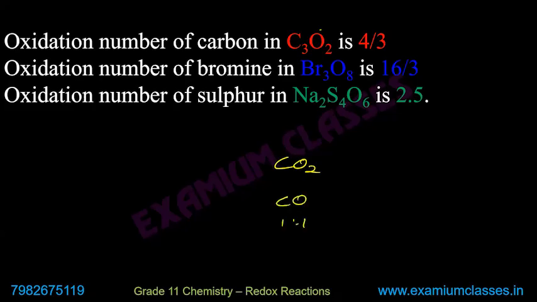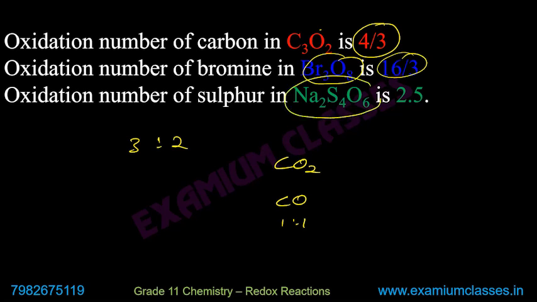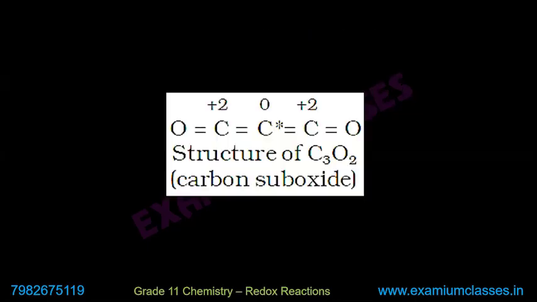But here oxygen is less than carbon. 1:1 would have been 3:3, right? But oxygen is less. So that's why suboxide. It has oxidation state 4/3, which is a fraction. The oxidation number of bromine in Br3O8 is 16/3. Again, here in sodium thiosulfate it is 2.5, which is a fraction. Why this is so, we will be talking about now.